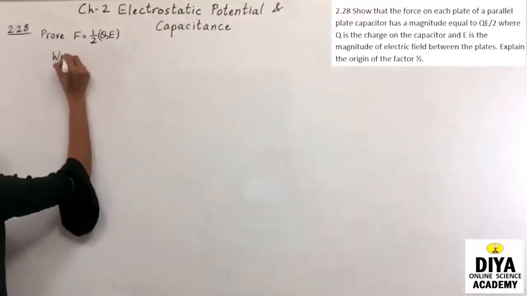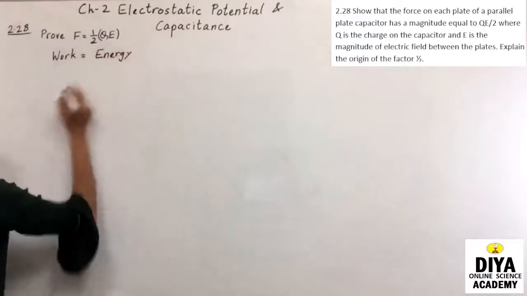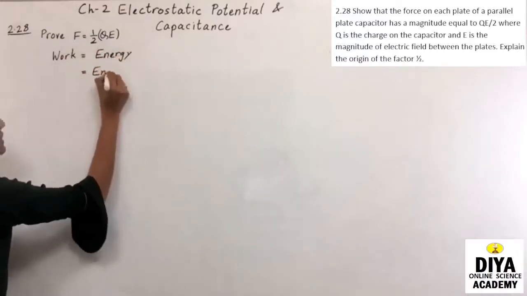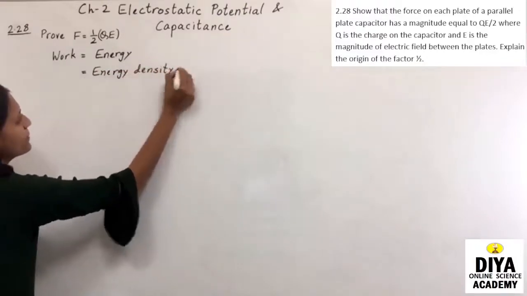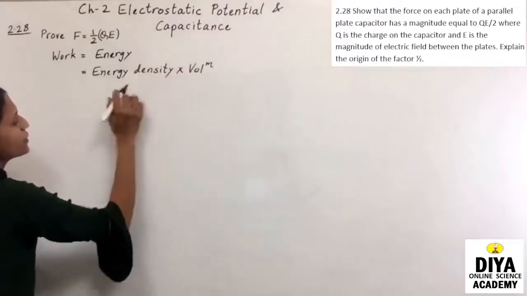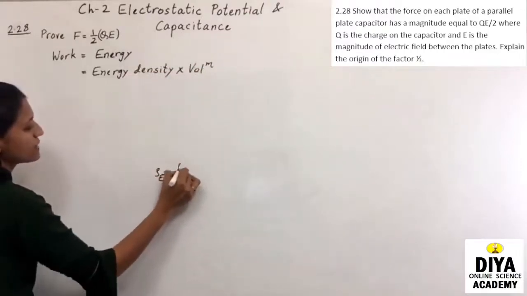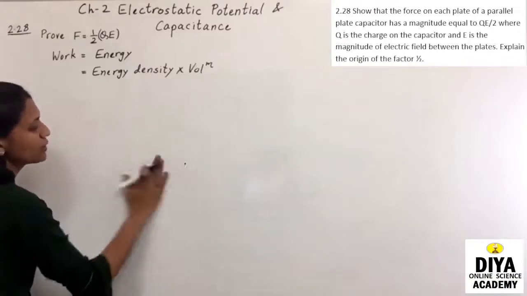So we will take like this: work equals to energy. Energy equals to energy density into volume. Rho E into this. We know that rho E equals to U by AD. So U equals to rho E into AD.